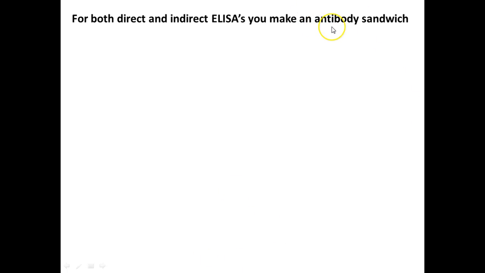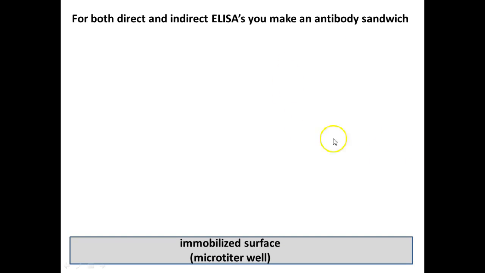We make what he likes to call an antibody sandwich. So we have layers stacked up on each other. We're going to start with a microtiter well, little tiny wells, and we're going to attach an antigen to it, then attach the primary antibody, and then a secondary antibody, and what's special about this one is it has the enzyme linked to it.